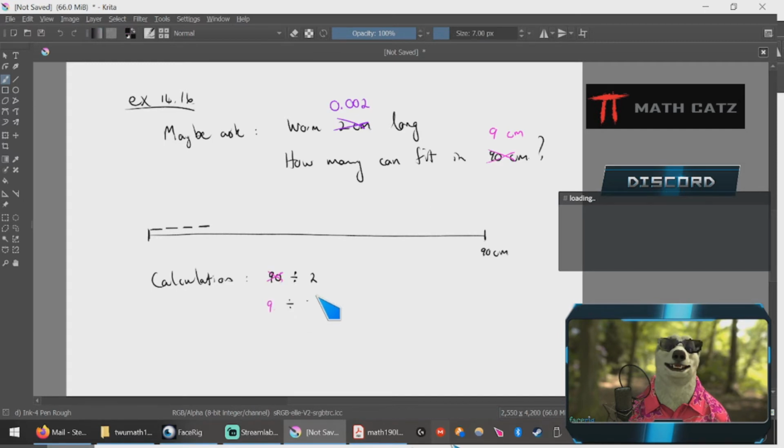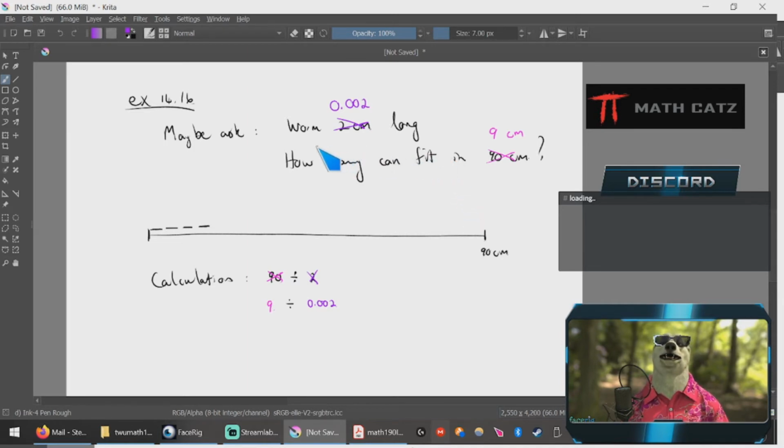Instead of 2, I'm using 0.002. So the question is exactly the same, but I understood the division with simpler numbers. Then when the numbers get complicated, I can hopefully realize that nothing actually changed, and they were just a distraction.